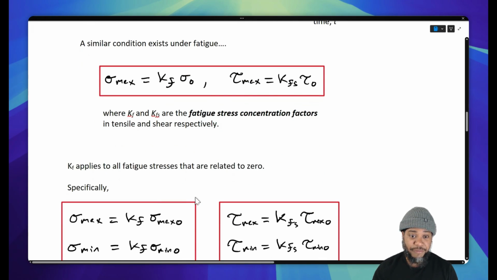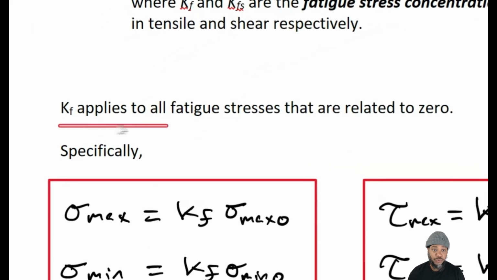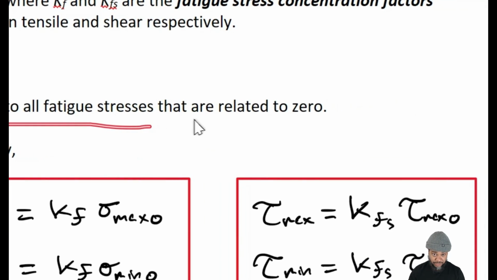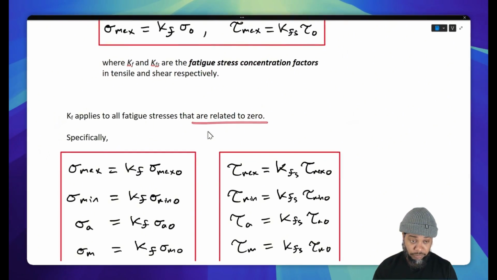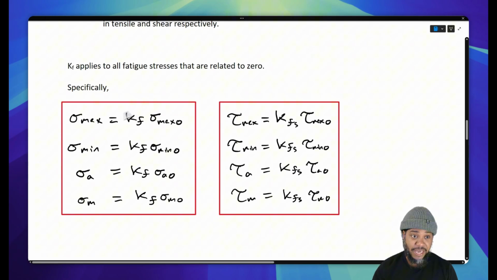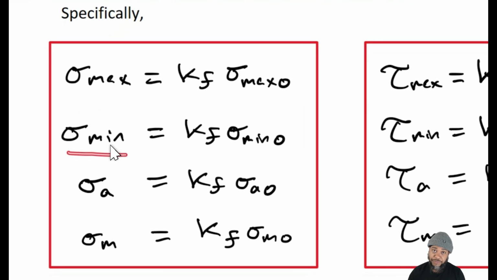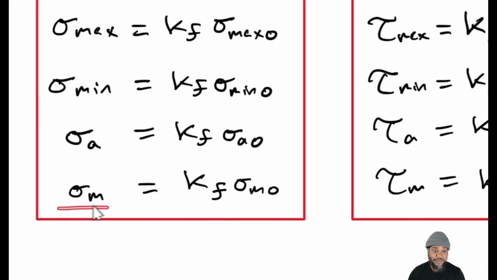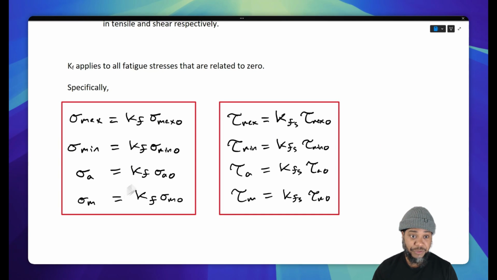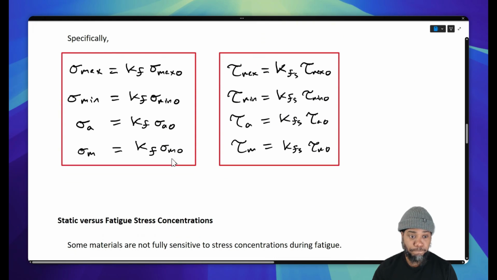Now, Kf applies to all fatigue stresses. So specifically, Kf applies to sigma max during fatigue, sigma min during fatigue, the stress amplitude, as well as the mean stress during fatigue. Kf is applied to all of those, right?